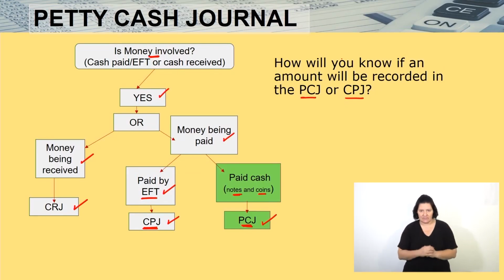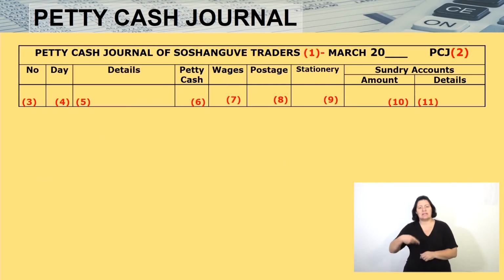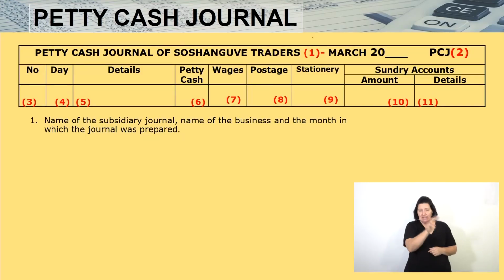Now, let us quickly look at how the petty cash journal looks like. Here is an extract of the petty cash journal, and I'm going to explain all of this one by one. Let's begin. On number one, this is the name of the business.